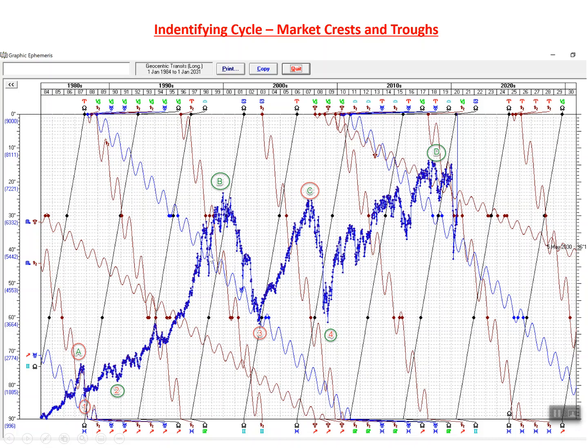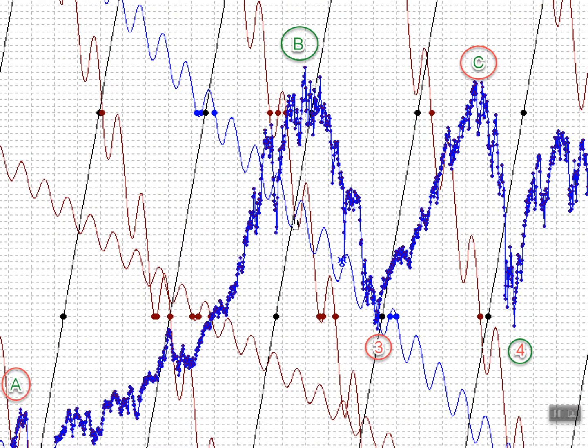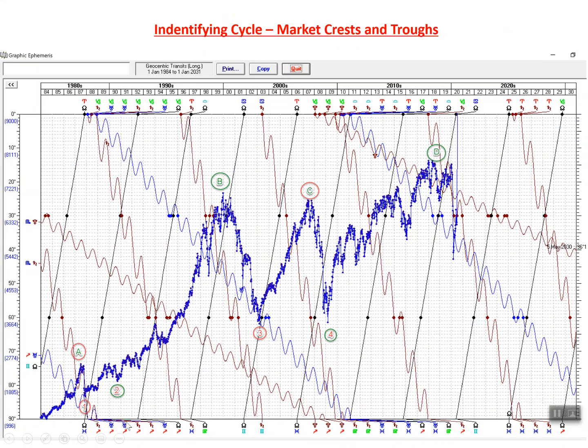So as it's moving into Aquarius, that's a point at which it had a hard aspect with Saturn. You see the brown line is Saturn and the blue line is Uranus. Let me see if I can zoom in and show you this. Right there, as these two lines meet, that's where the hard aspect is actually being formed. Right, so let's move on.